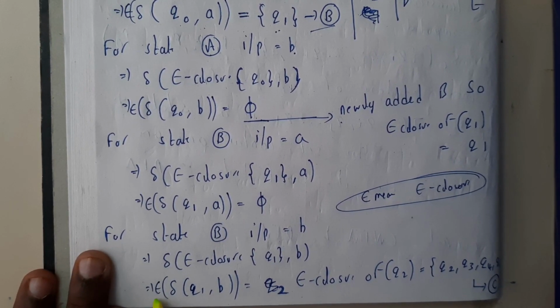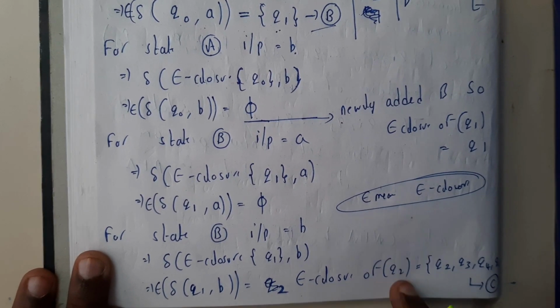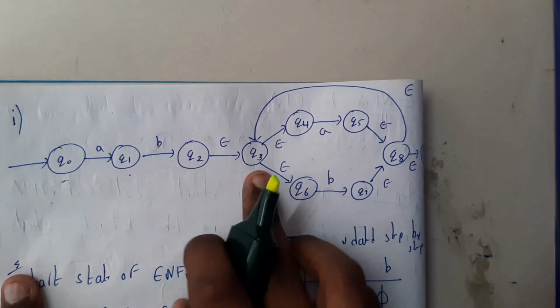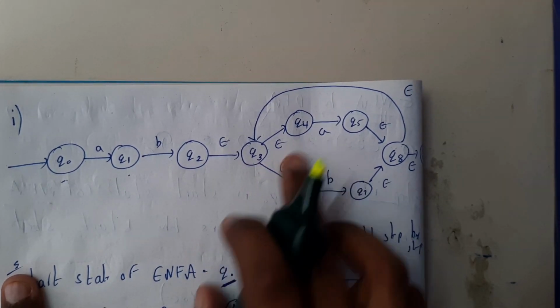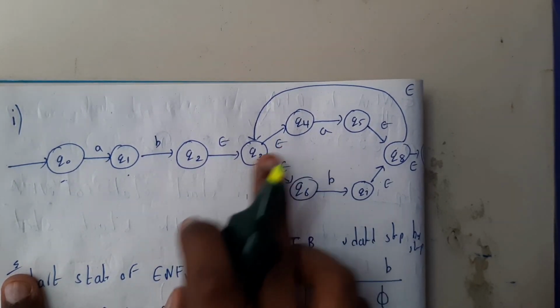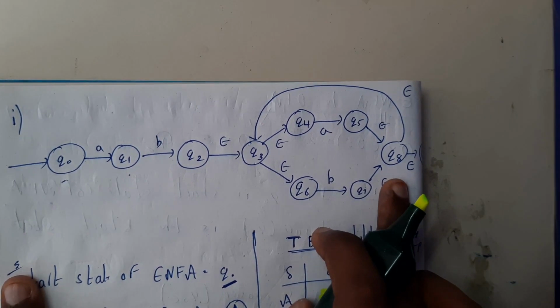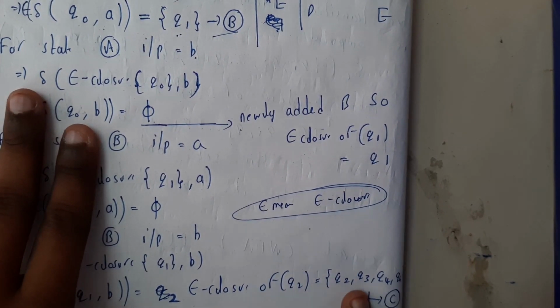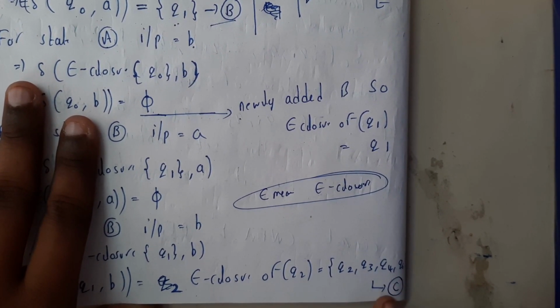So basically we need to apply epsilon closure of Q2. If you observe, Q2 can go to Q3. From Q3 we can go to Q4 or Q6, or we can directly jump to Q8. So these are all the possibilities. We'll be writing all those possibilities: Q2, Q3, Q4, Q6. So that will be C.